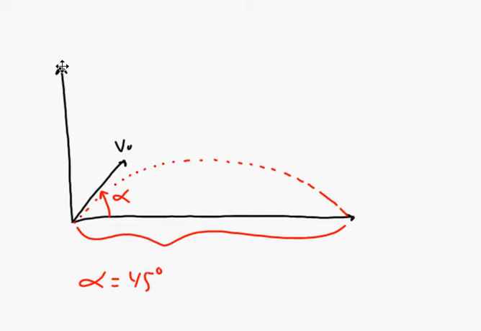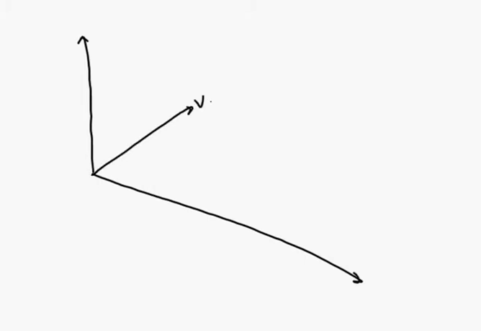But what I'm going to do today is a problem where we consider slightly different initial conditions. Consider this. So here's the vertical, and we're throwing downhill this time, in the direction of this vector.